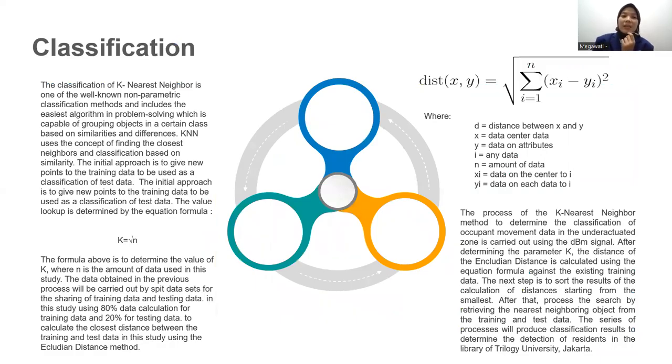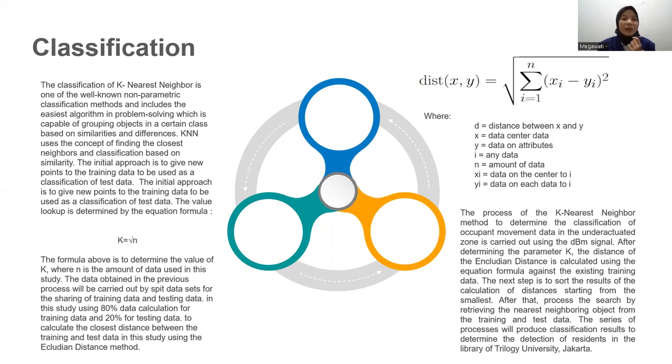Next, classification. This classification K-nearest neighbor is one of the well-known non-parametric classification methods, the easy algorithm in problem solving when it's capture grouping about a certain class is a similar and different.